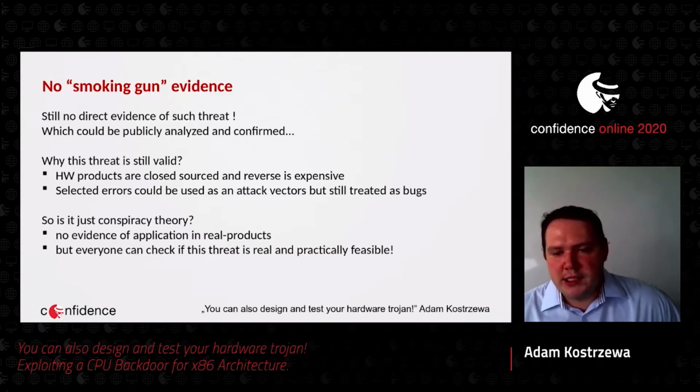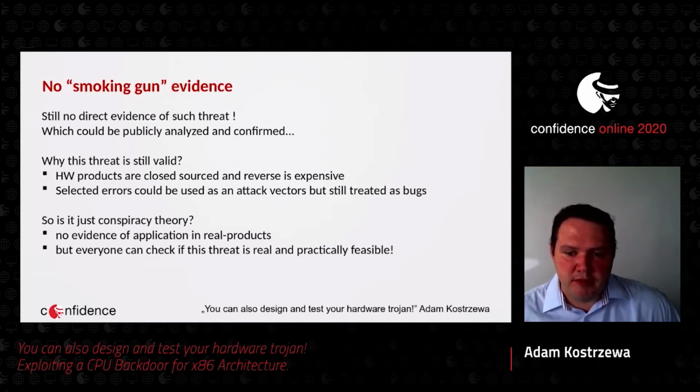We had some stories where cryptographic equipment was sold which could be classified as a backdoor or Trojan. However, there is no CPU backdoor, for instance, which can be publicly analyzed and confirmed, showing that this was malware or a malicious part of the hardware.